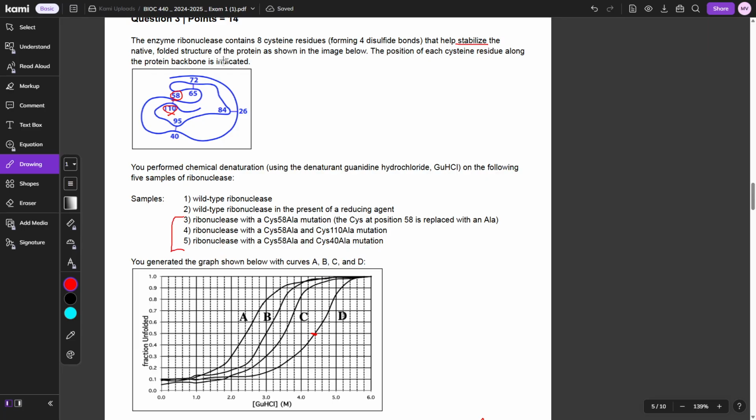Does that make sense? Good? Okay, so based off that, we can say that 3 and 4 are equal in stability.